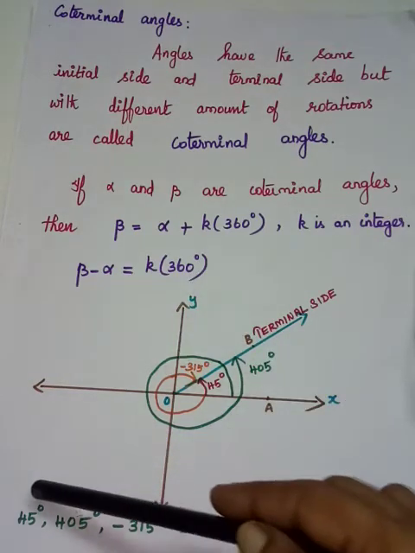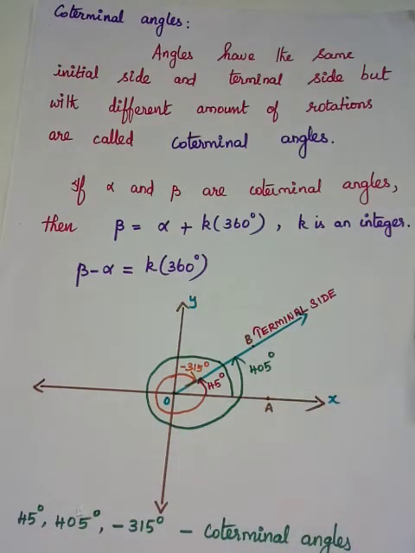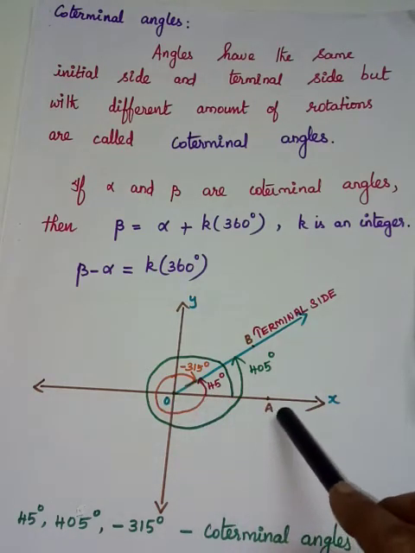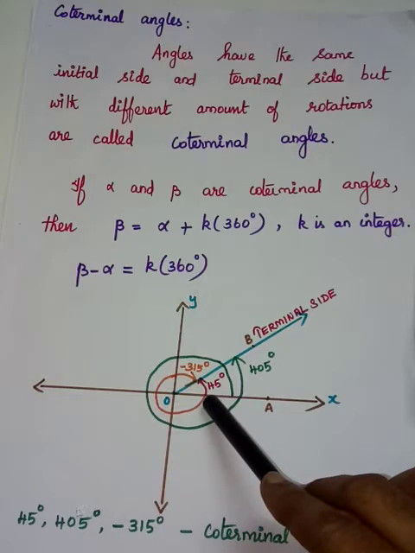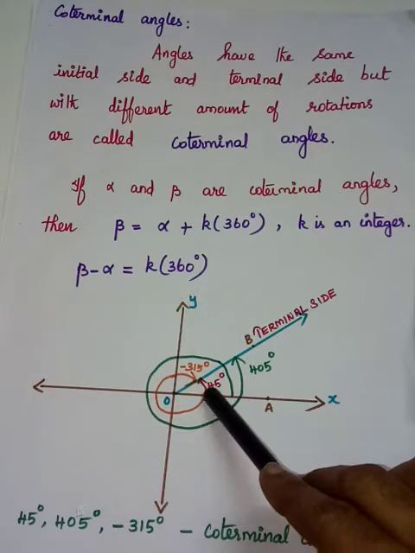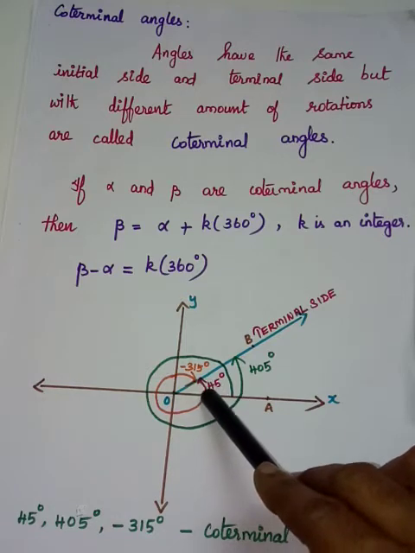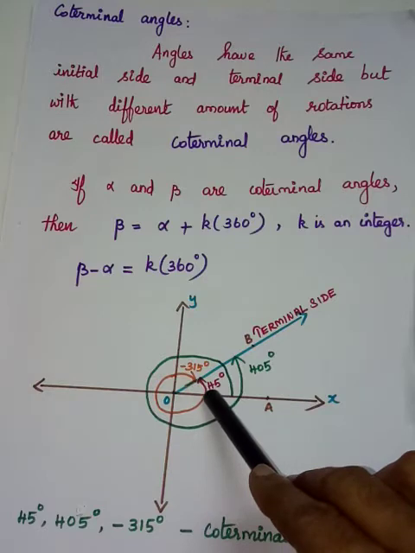Take 45 degrees and 405 degrees first. For 45 degrees, the initial side is OA and it rotates in the anti-clockwise direction and takes this much amount of rotation. You see that red color, I have marked the amount of rotation of 45 degrees.